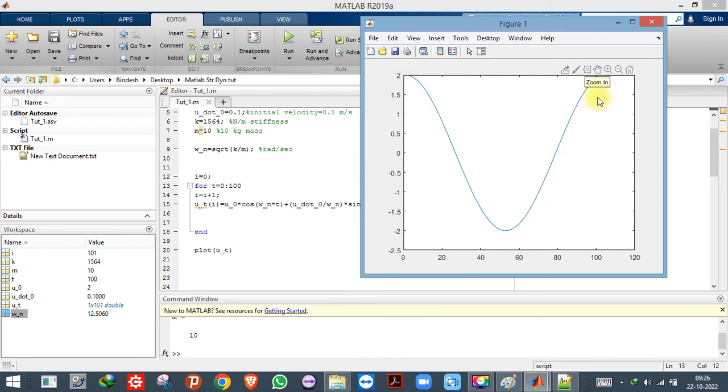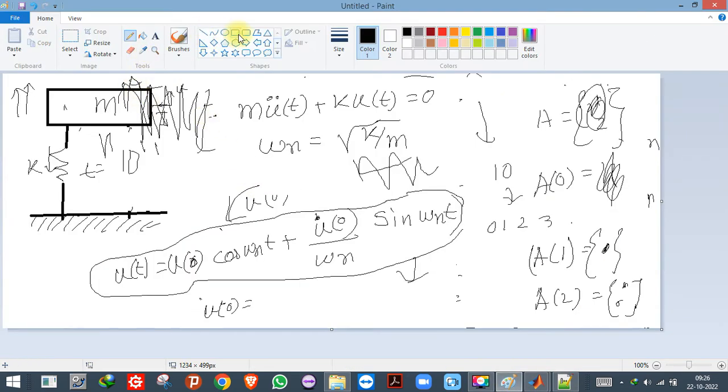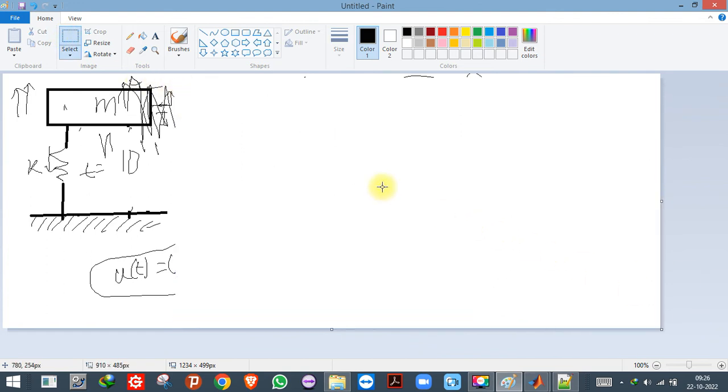It has just completed, I would say, 90 degrees. Try to understand what is happening over here. I have given an initial displacement, it has gone up, and it did not come back, it is yet to come back.